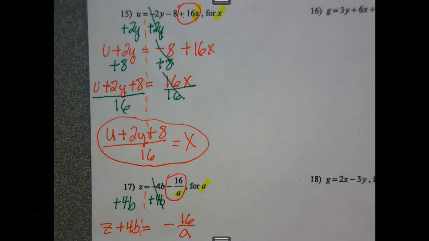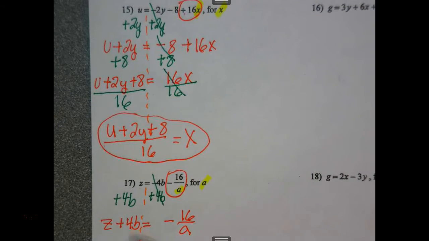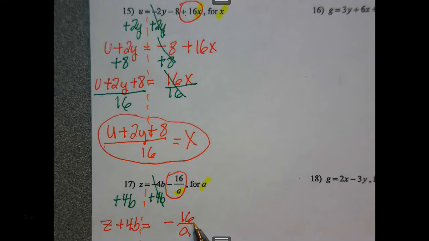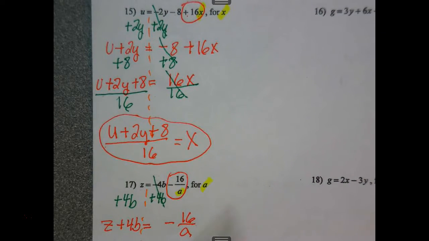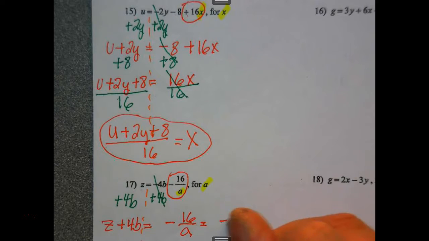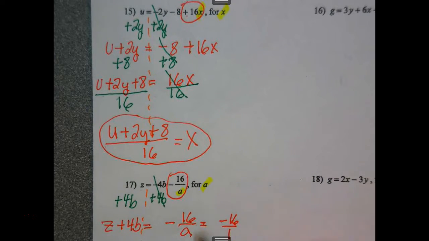You could go two different ways on this. You can multiply by a and then divide by z plus 4b, or we can separate these. This actually equals negative 16 over 1.